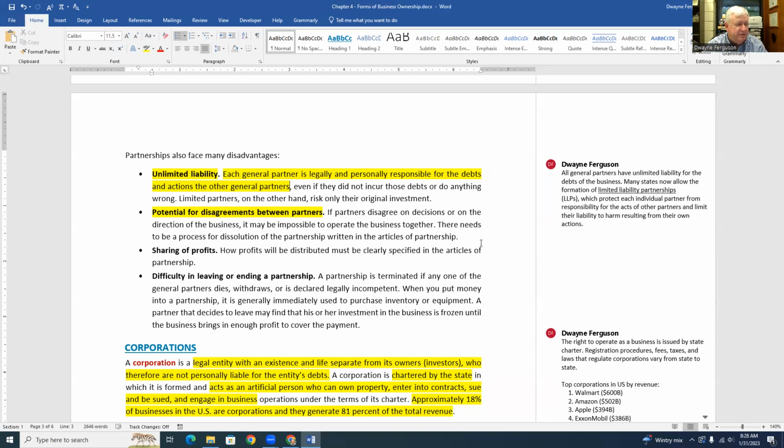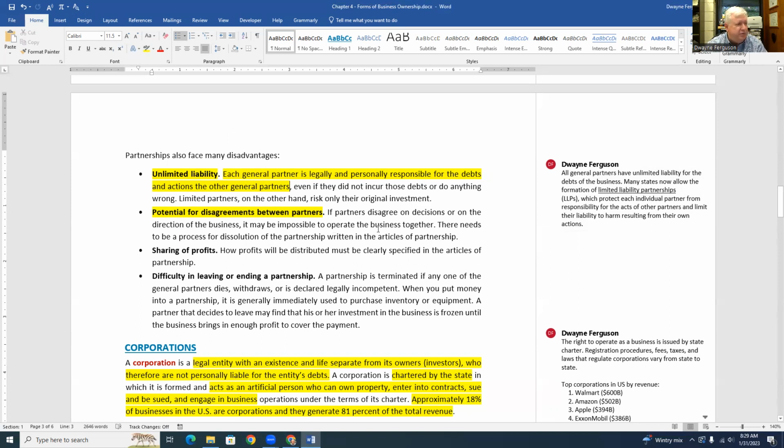You need to either be a limited partner or be in a limited liability partnership. You'll have to do some more reading on that if you want to be in something like an LLP. I don't have a lot of information on LLPs. I just know why they're there, why they're available.